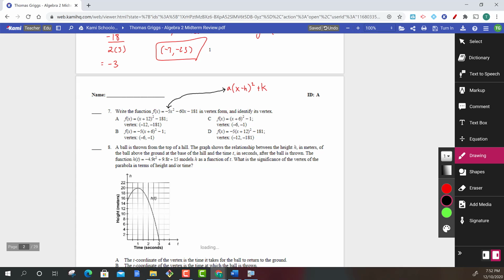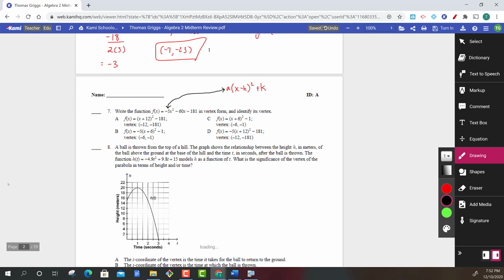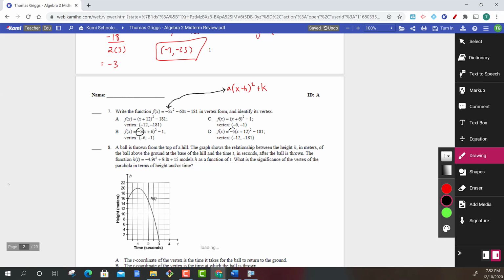So one giveaway to this problem is we know it can't be A or C. It's got to be B or D because both of these examples have an a value of negative 5. So we can rule these two out. Then obviously those are two completely different vertices there. Negative 6, negative 1, negative 12, negative 181.